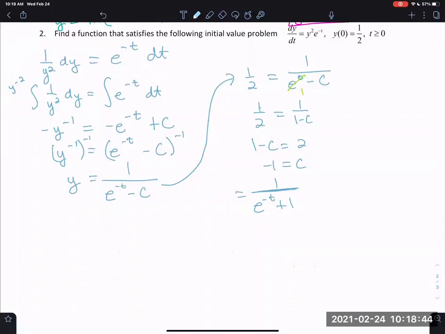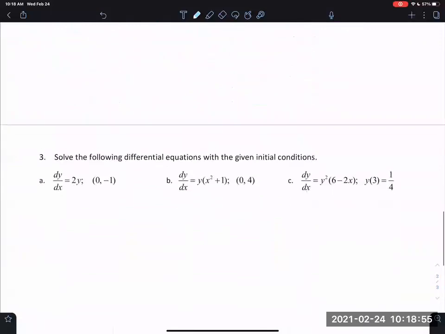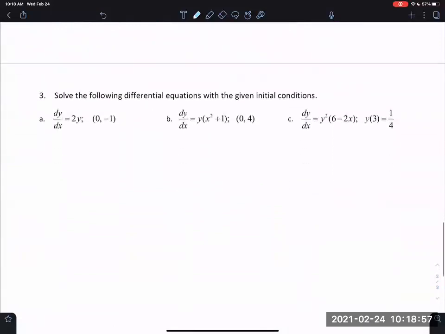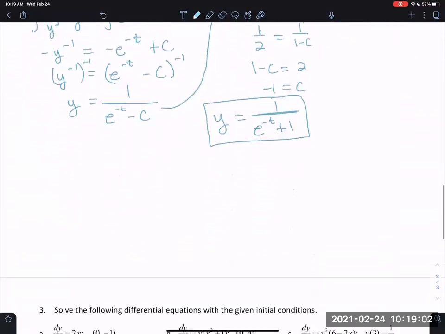Okay, so we are ready to just declare that as y, and we are good to go. In any of these, you should be able to take your derivative of what you end up with, and with maybe some manipulation, you should end up with whatever your differential equation was to start.